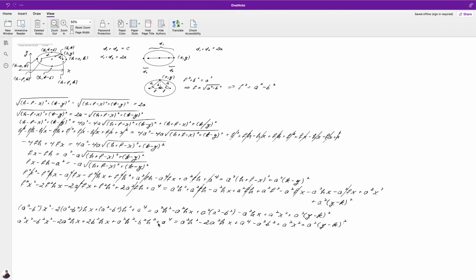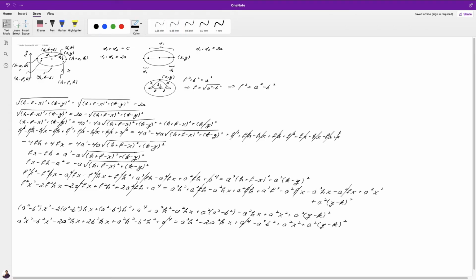Well, look at this. We can subtract an a to the fourth from both sides. We can subtract an a squared h squared from both sides. We can add a 2a squared hx to both sides. We can subtract an a squared x squared from both sides. That is very convenient.